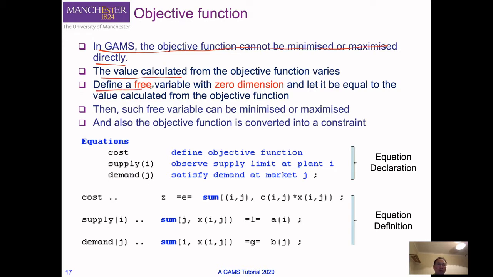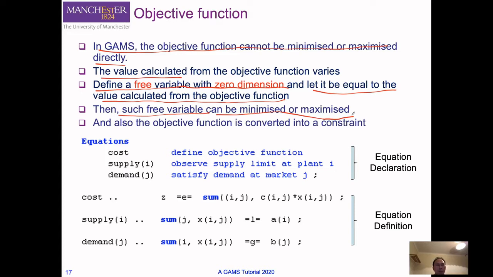So we can define a free variable with 0 dimension and let it be equal to the value of the object function. Then such free variable can be minimized or maximized. We can use the keyword variable or variables to define such free variable.